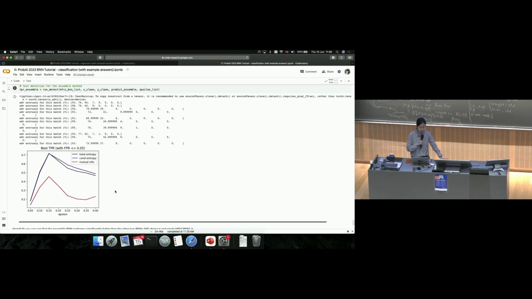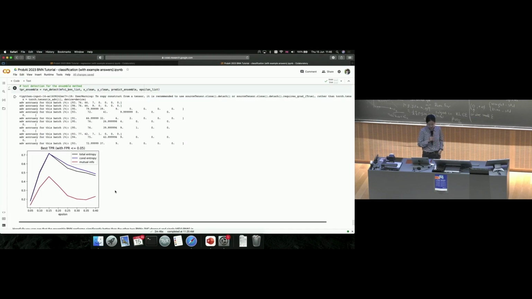The way we do that is to set a threshold such that you achieve a false positive rate smaller than 5%. For the data points that have uncertainty higher than that threshold, we say that it is an out of distribution sample. Then you can look at the true positive rate to see how it actually performs.